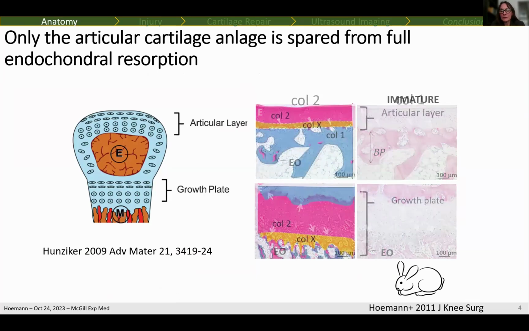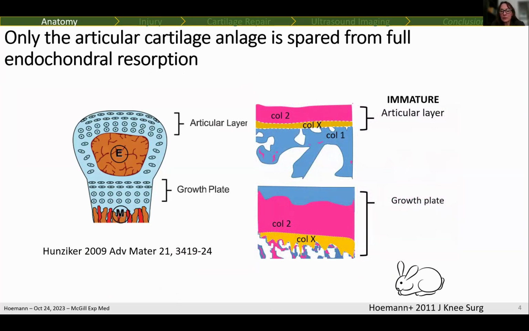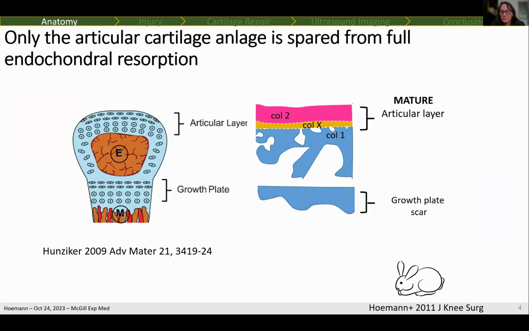Just to illustrate this, we have a layer of collagen type 2 that's separated from the calcified cartilage, which has collagen type 10, and the bone has collagen type 1. And at the end of skeletal maturity, the entire growth plate is converted into bone.